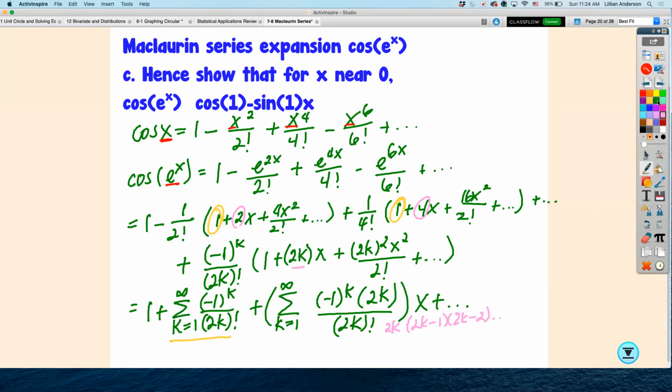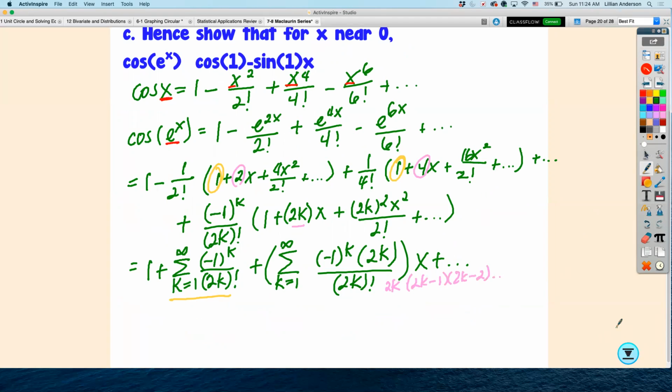And then our final answer that would represent the first two non-zero terms of the expansion are, there we go. 1 plus 1 is technically that 0 term, because that's when we plug 0 in for k, so that's not it.